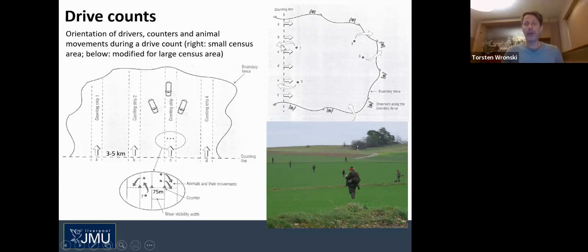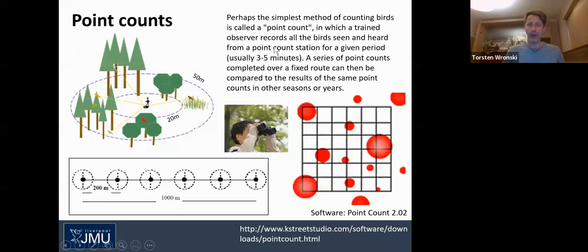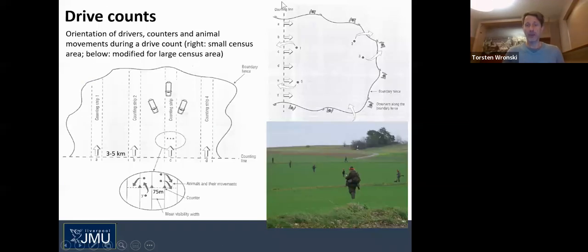Some animals try to escape across the drive line. Others are driven towards the counters and past them. In either way, the counters or the drivers will count all passing animals. However, this is only possible for smaller protected areas.